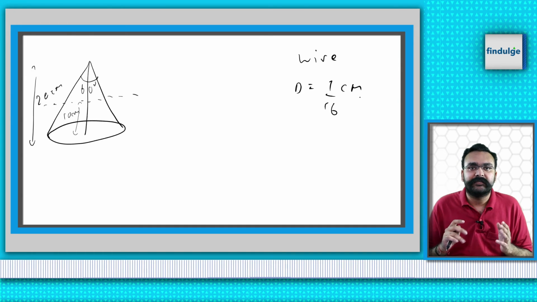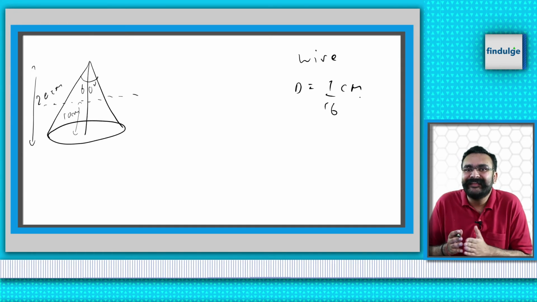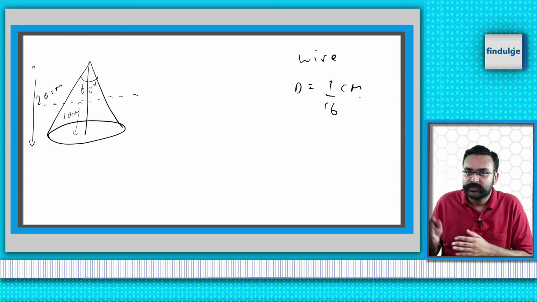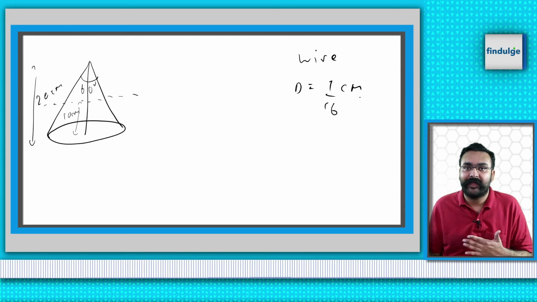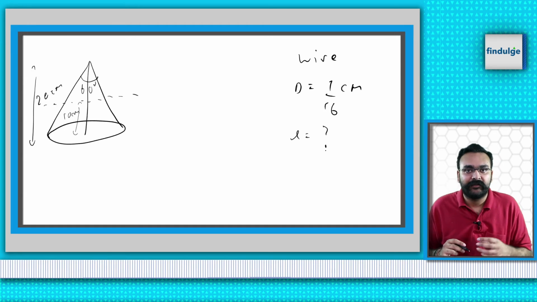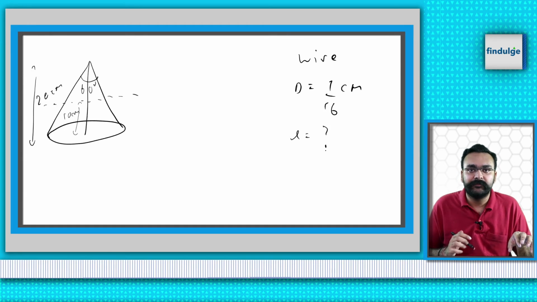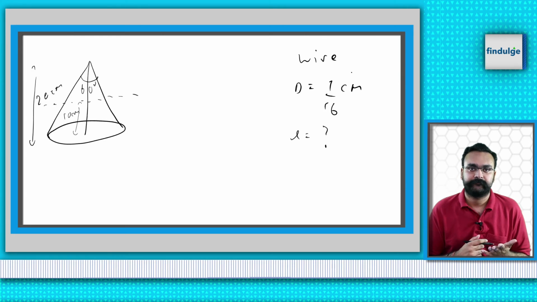Now what this means is, if you think about it, a wire is basically a cylinder. The question asks us to find the length of the wire. So basically it's nothing but a solid metallic frustum converted into a solid metallic cylinder of this diameter, whose length we want to find. The length will be the corresponding height of the cylinder.